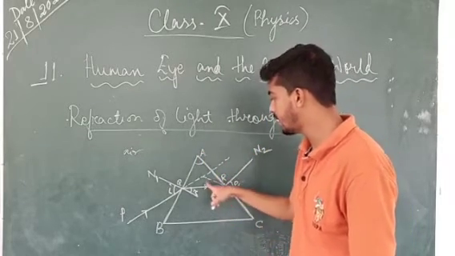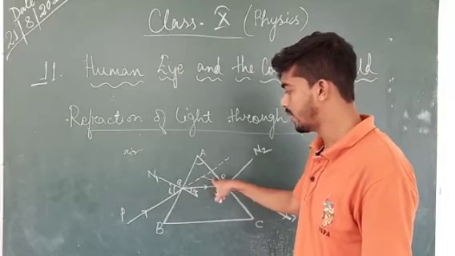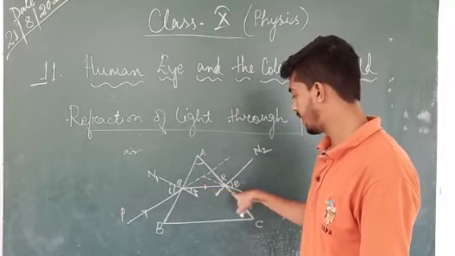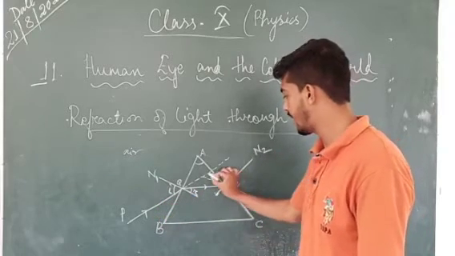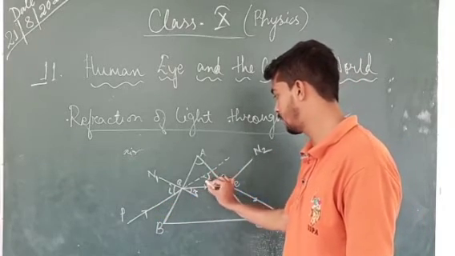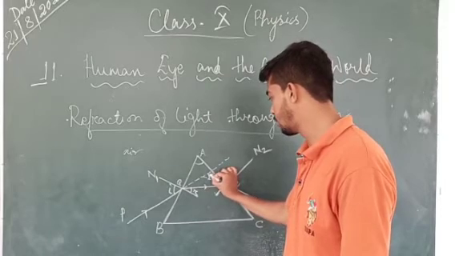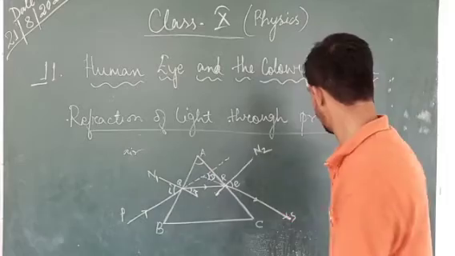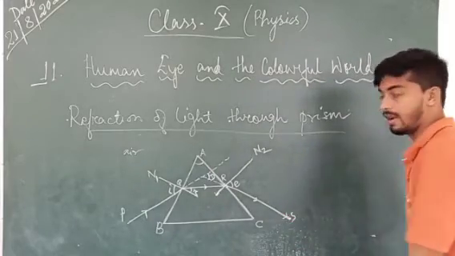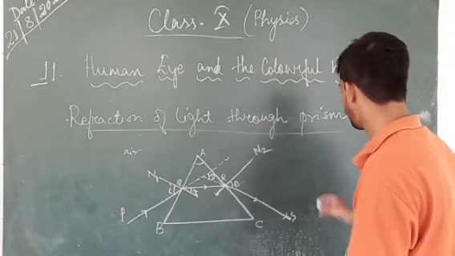The emergent ray and incident ray will be making a certain angle here. This is the angle formed, and this angle is known as D, the angle of deviation. So I am writing out the symbols here.